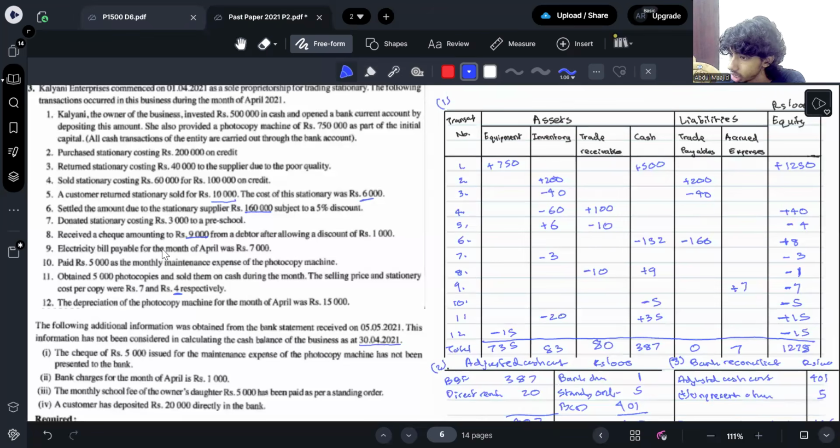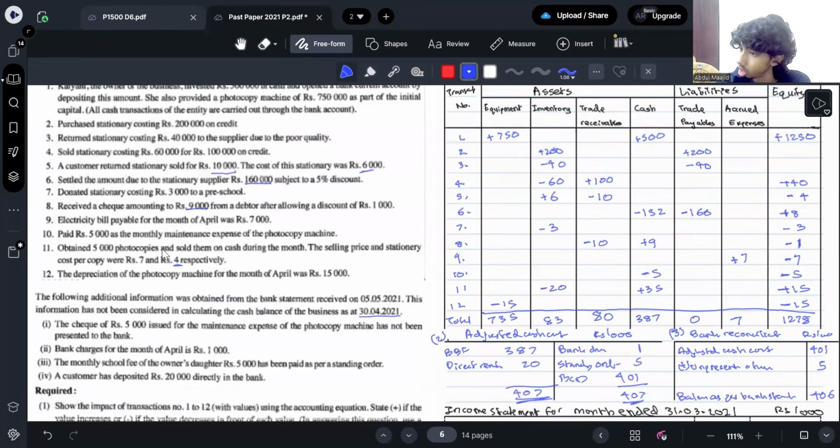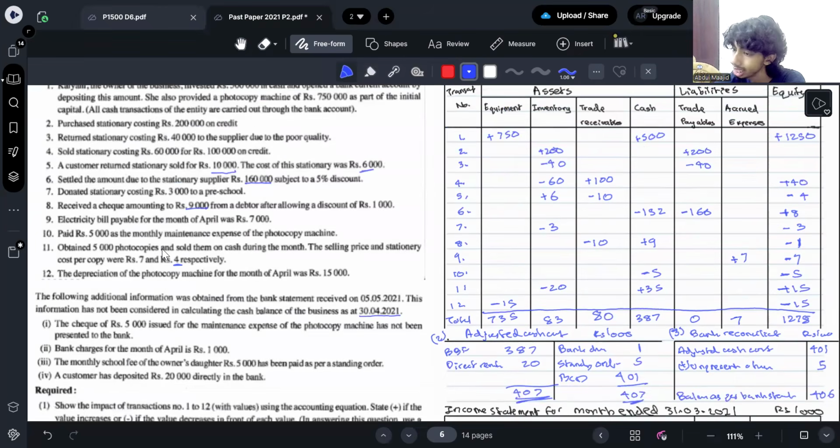Then received a check amounting to 9,000 from a debtor after allowing a discount of 1,000. Discount allowed. It's an expense. Discount allowed 1,000. Electricity bill payable for the month of April, 7.